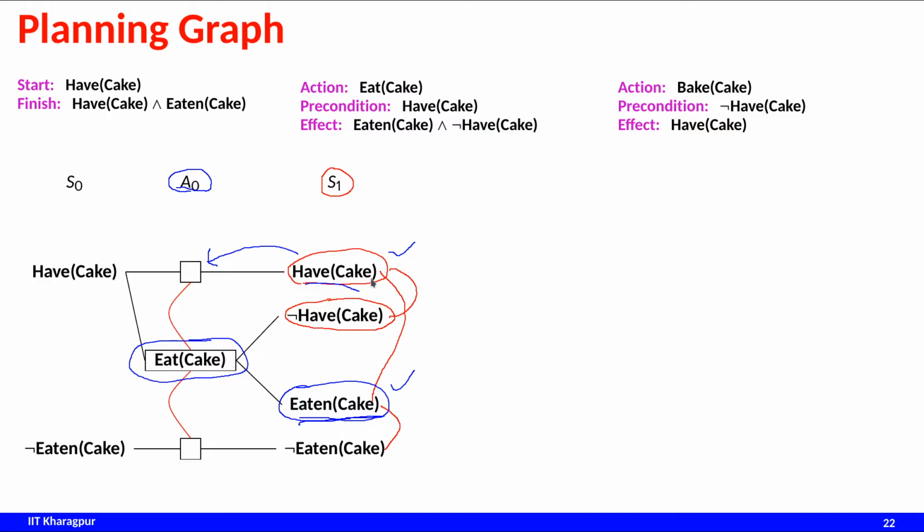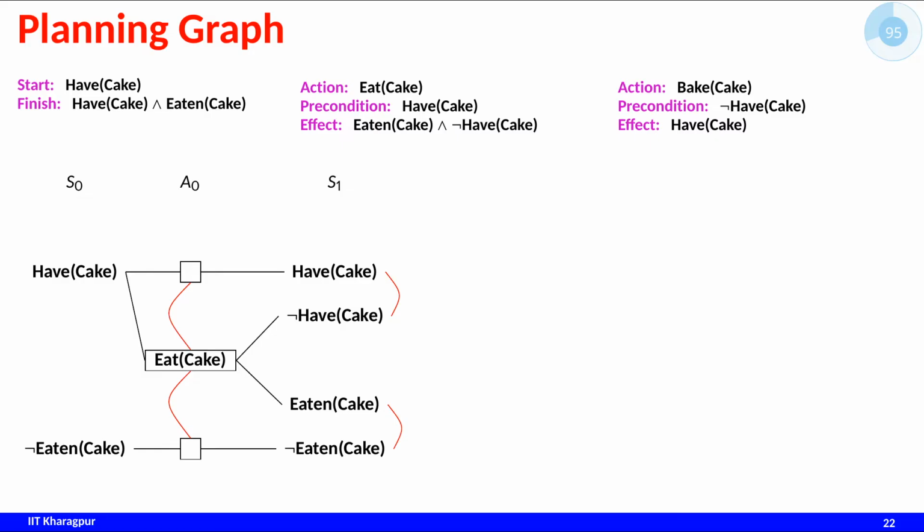So have cake and eaten cake are mutex literals. Similarly, not have cake and eaten cake are also mutually exclusive, because they are generated from two mutex actions like eat cake and not eaten cake, which will be represented through the red line.